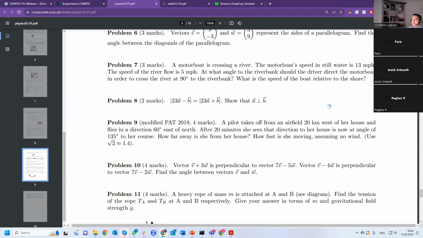In question 7, you can point your boat in such a way that it goes directly perpendicular, so it just crosses the river perpendicular. If you want to go from point A to point B, you can do that in question 7. But if the current is faster than the boat, then there's no way you can travel from A to B. You will travel like this, from A to A1. You will get off course.